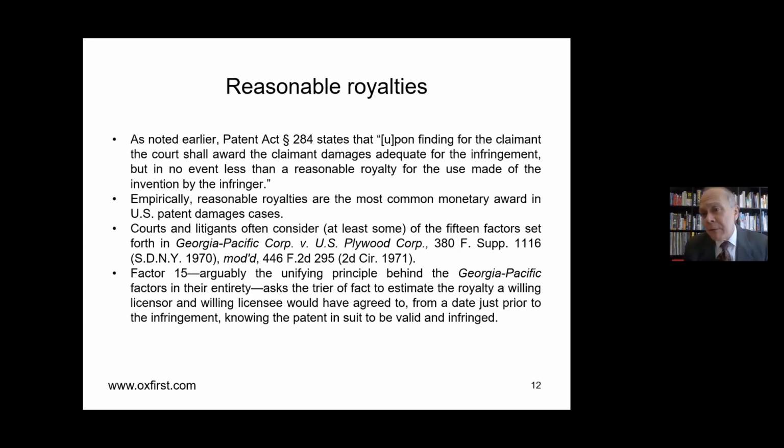And the last of the 15, factor number 15, is arguably the unifying principle behind the factors in their entirety. That's the factor that asks the trier of fact to estimate the royalty a willing licensor and willing licensee would have agreed to from a date just prior to the infringement, knowing the patent in suit to be valid and infringed. So in some sense, we're trying to construct this hypothetical royalty.